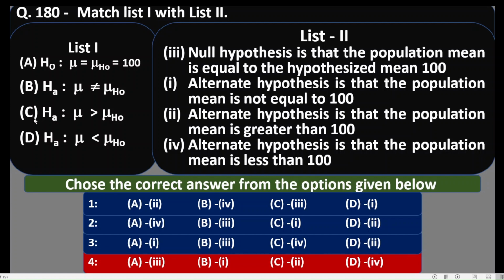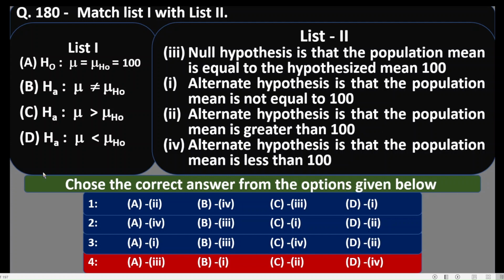And in C of list 1, in terms of alternate hypothesis HA, the assumption is made in terms of population mean mu, that is greater than mu 0. Means population mean is greater than hypothesized mean. So that is given in second number of list 2. And here the pair is made. Alternate hypothesis that the population mean is greater than 100.